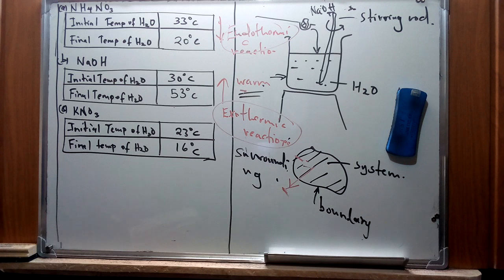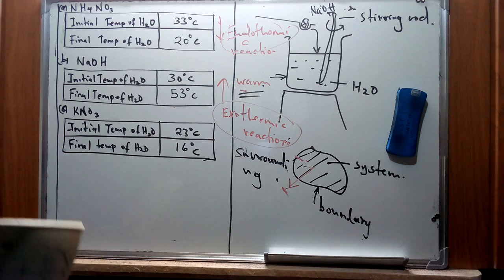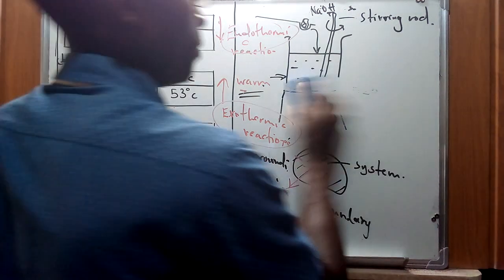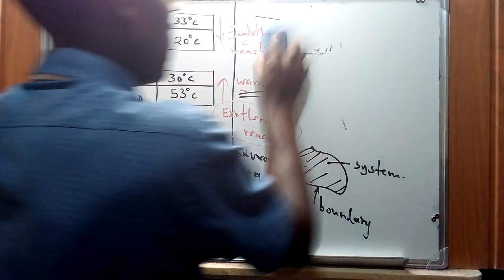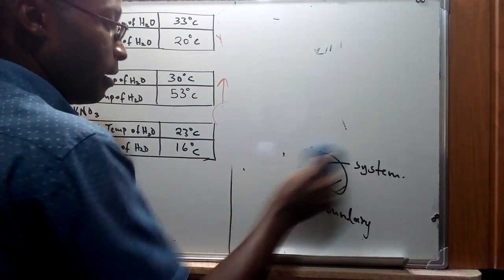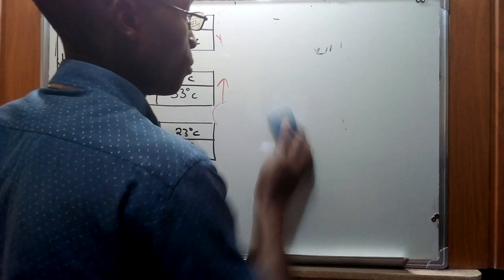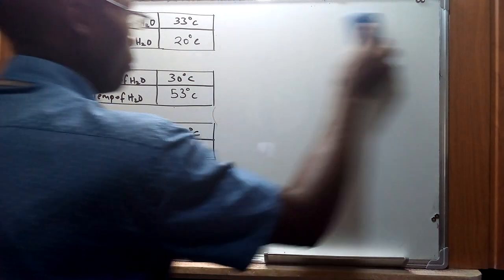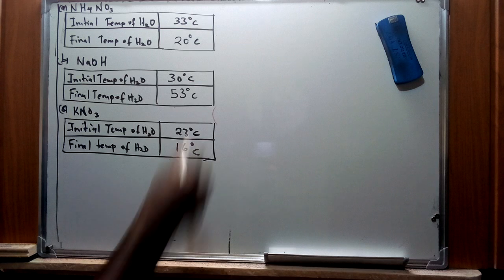Now, these two specific illustrations can, of course, be demonstrated in different ways. And we're going to see that one of the ways in which we can represent these specific happenings is by the use of energy level diagrams. So I'm going to use one of them here so that we can relate.